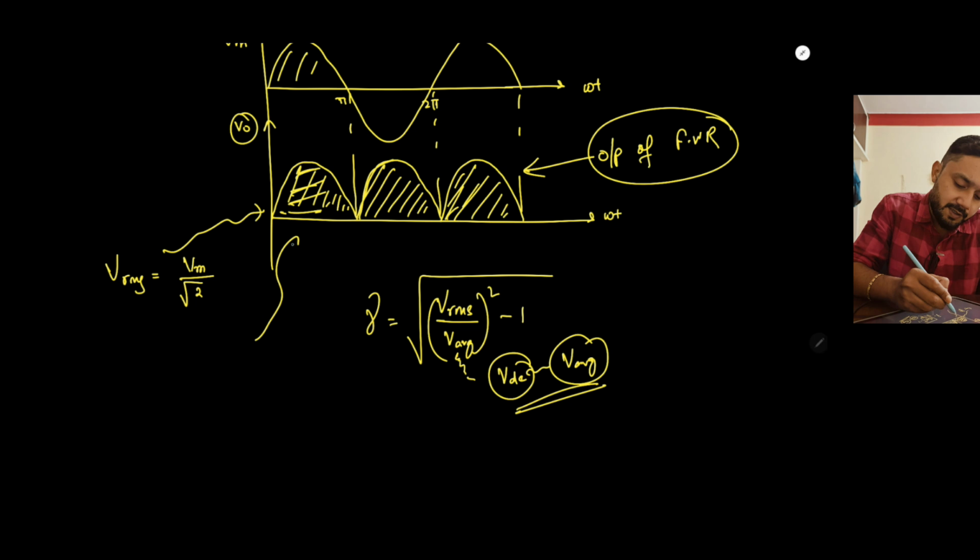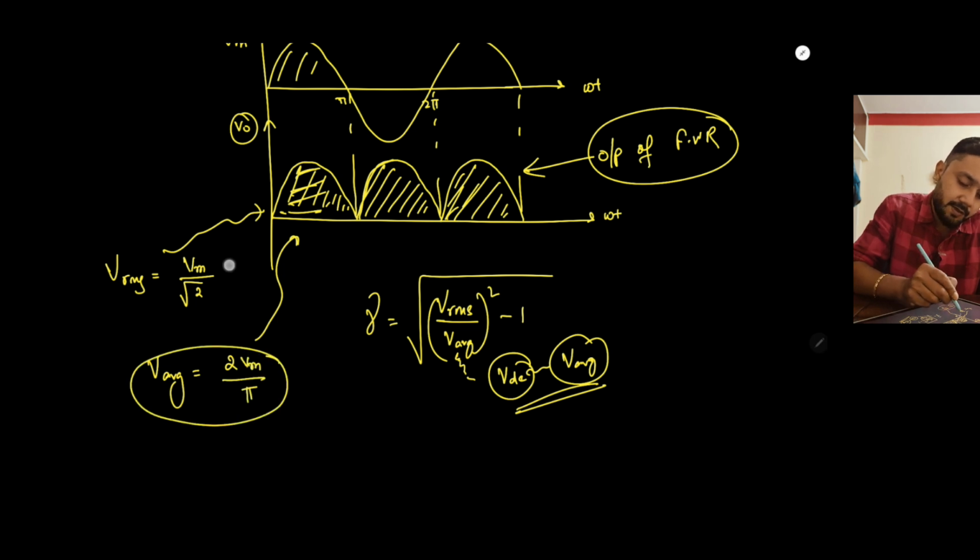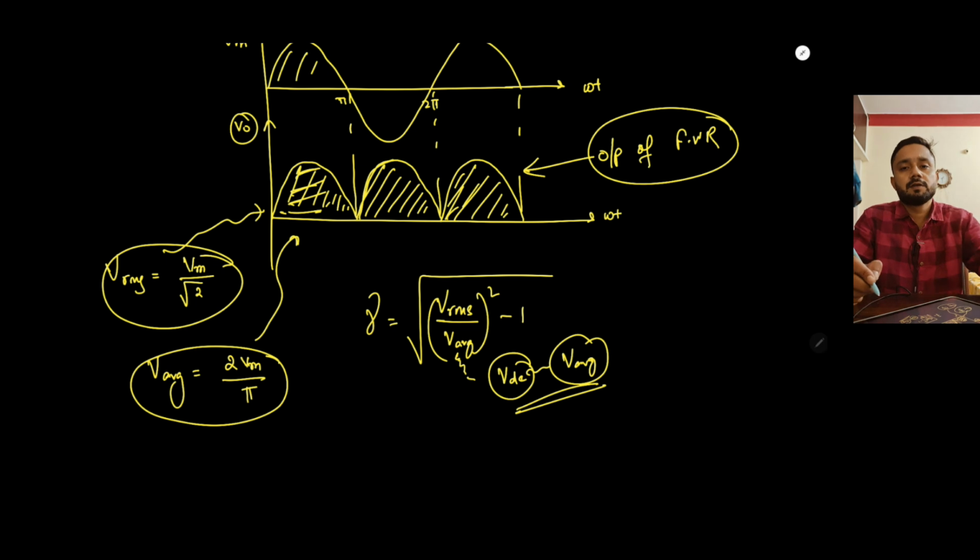And what is the average value of this waveform? It will be twice Vm by pi.